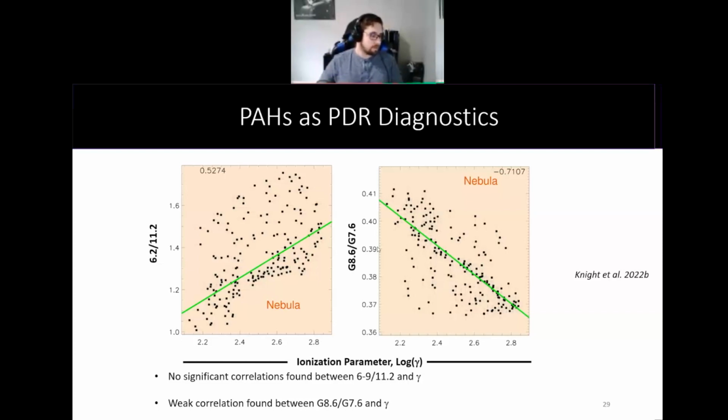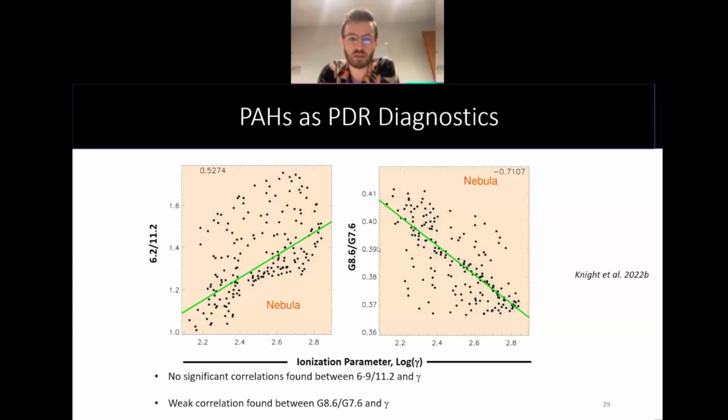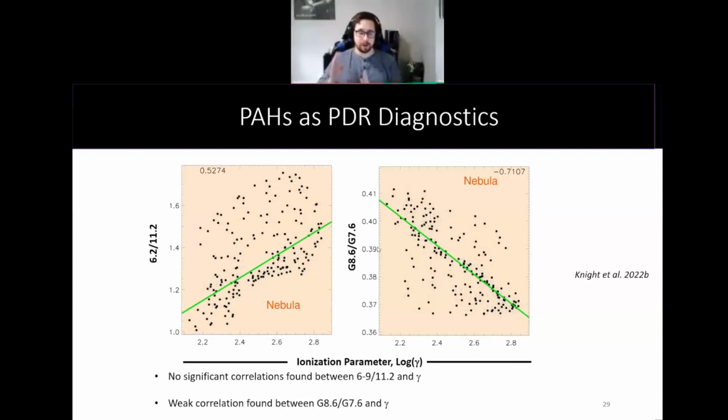Could it be related to unique conditions of the ISM in those two environments, or are they expected to be pretty similar? So this reflection nebula has probably a radiation field strength an order of magnitude lower than the Orion bar. So it could be due to a different morphology, different physical conditions.